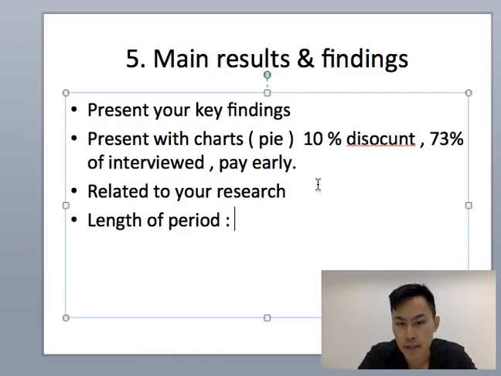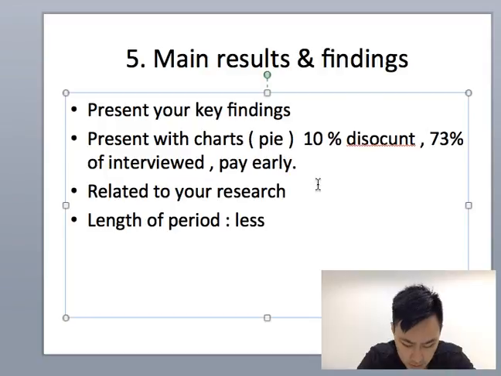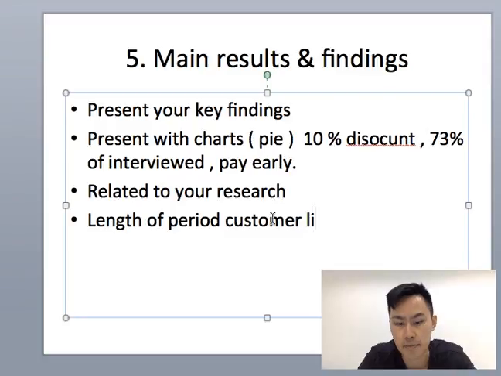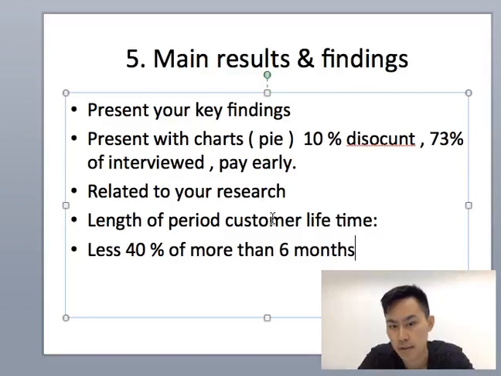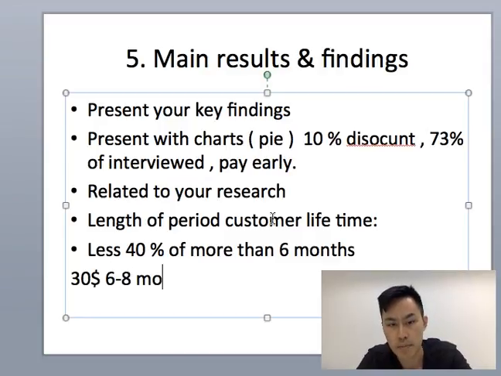So let's say the length of time for the customers. So basically customer lifetime, yeah. So for example, less than 40% of them will stay in the company for more than 6 months. Yeah. In that case, that means for the others, maybe another 30% is 6 to 8 months, right?